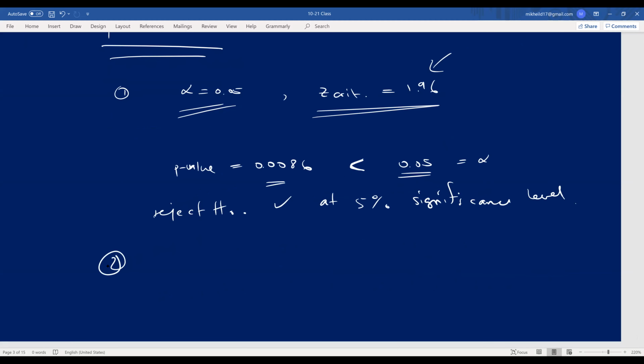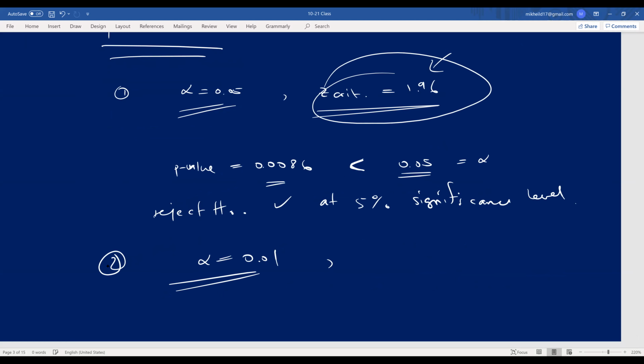Second, we have alpha, which is 0.01, right? That's 1% significance. By the way, do you remember the critical value for this? We don't really need it, but it's something like 2.58. But it's for a two-sided test, right? For one-sided, it will be different.